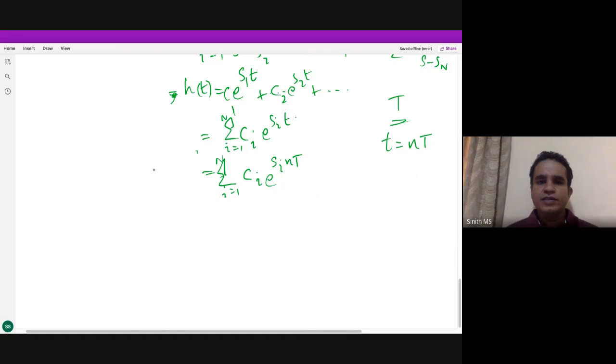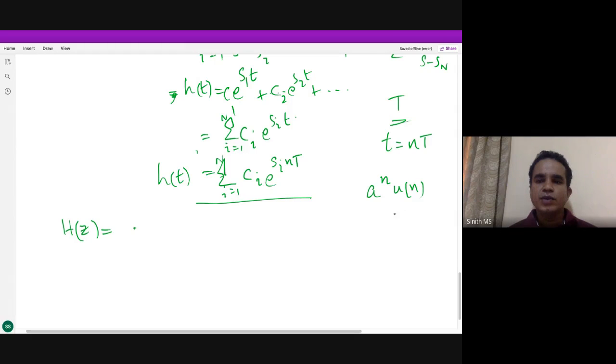Now if this is your h(n), you can very well find H(z) as its z-transform. How will you find the transform? This is as if it is a raised to n u(n). The transform is always unilateral, so you can put a u(n) there.